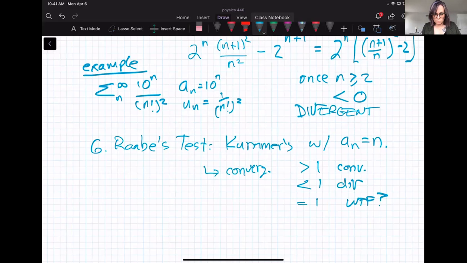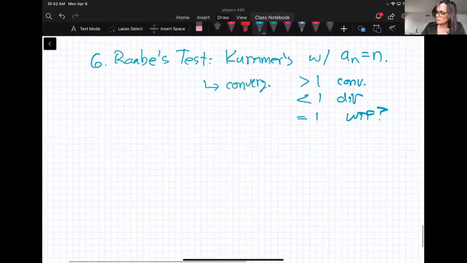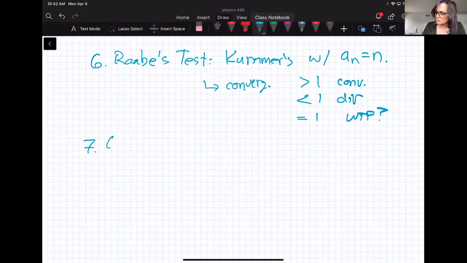All of this is leading to what's going to be really important for us when we look at things later in the term, like Bessel functions and Hankel functions and Legendre polynomials and Chebyshev polynomials, all of those expansions that we use for solutions of partial differential equations, which is Gauss's test. So Gauss's test is a little bit different.